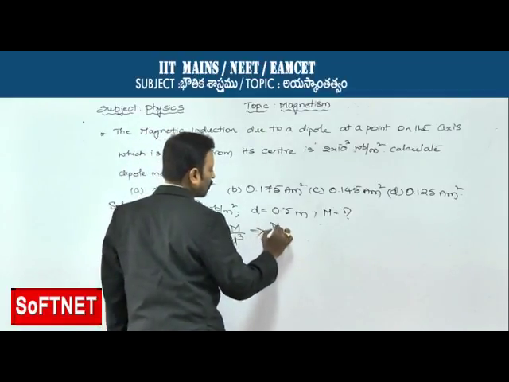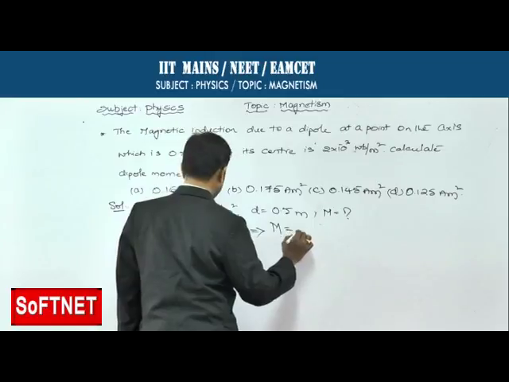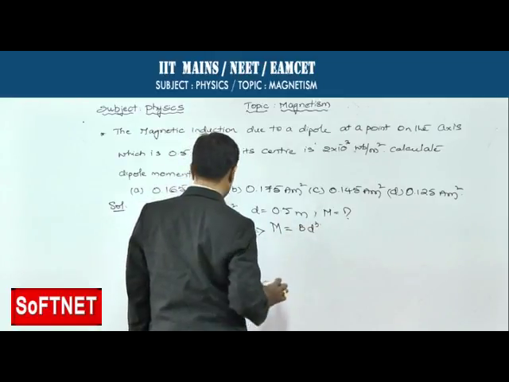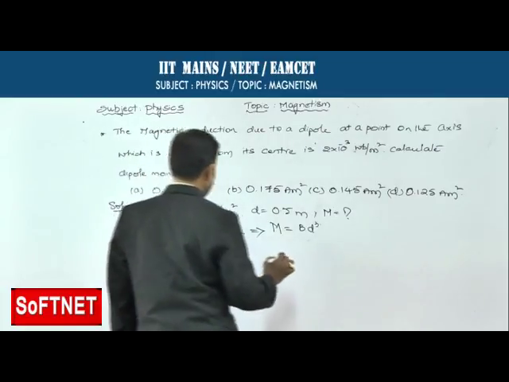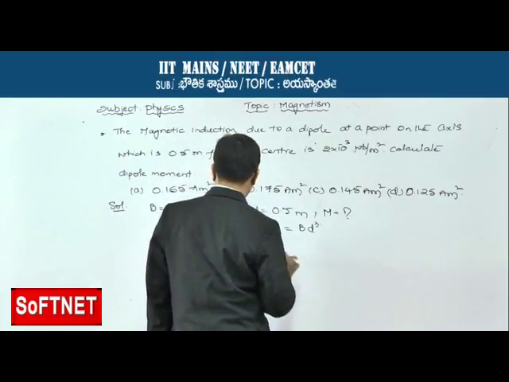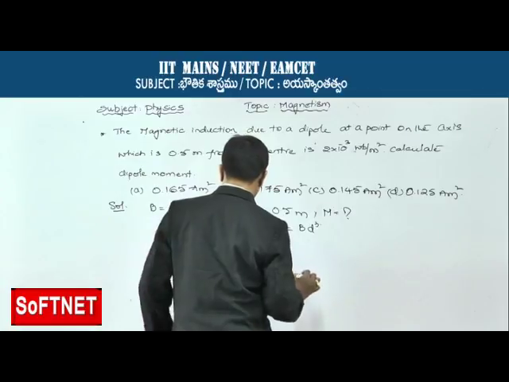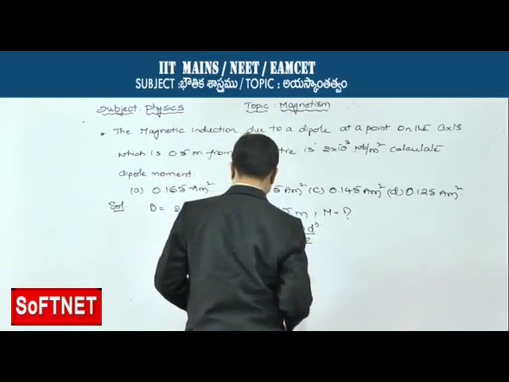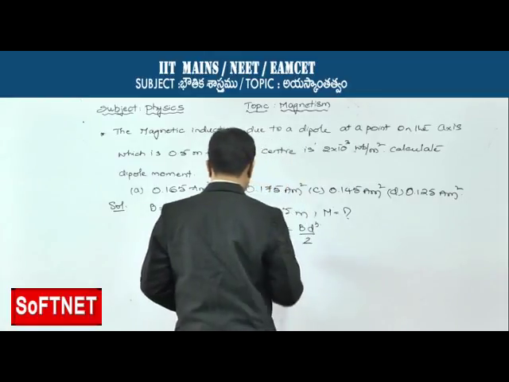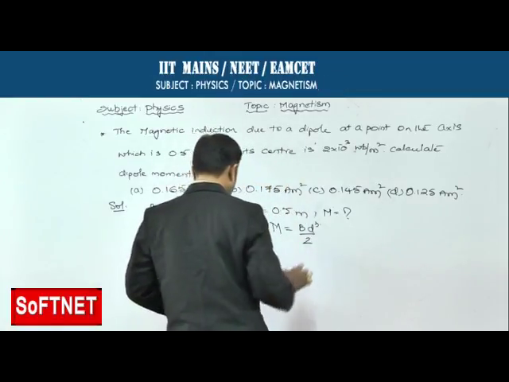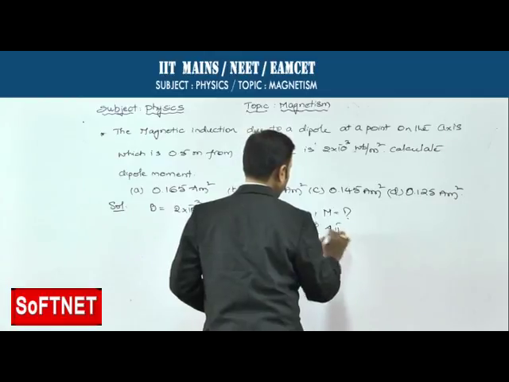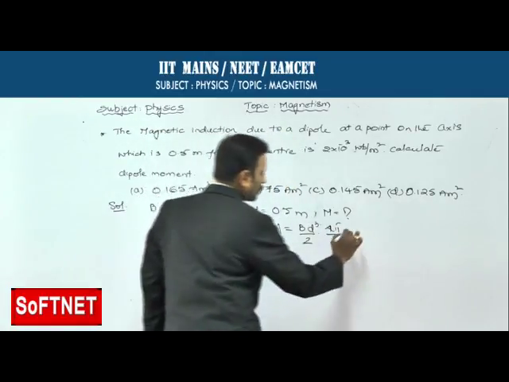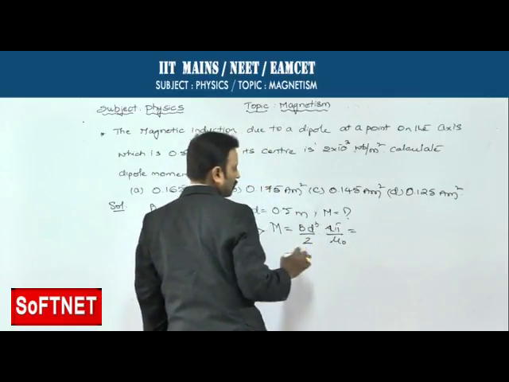So, from this take out m is equal to B into d cube by 2, this is 2m into 4 pi by mu naught. Now, substitute the values.